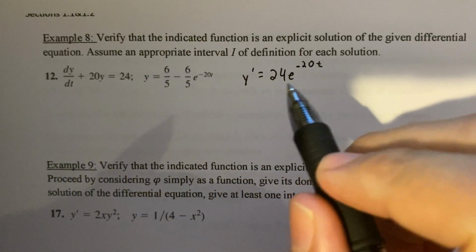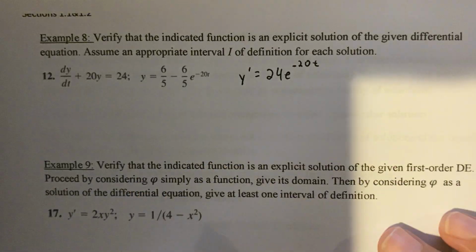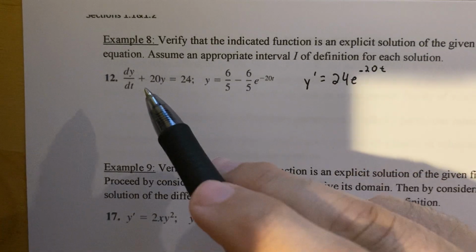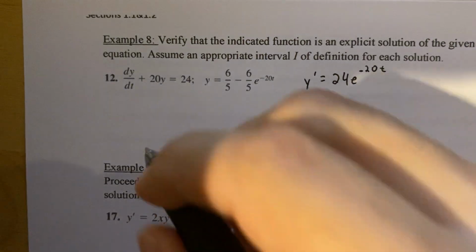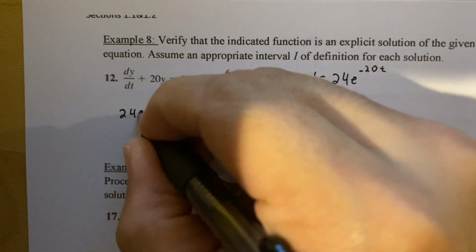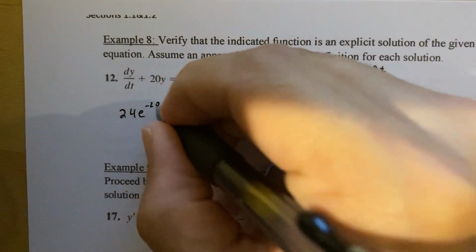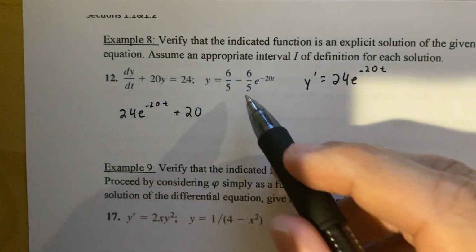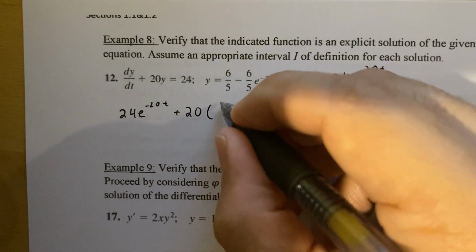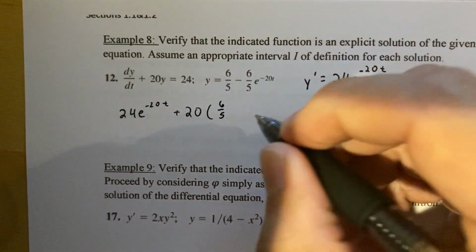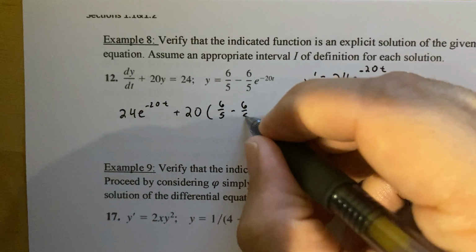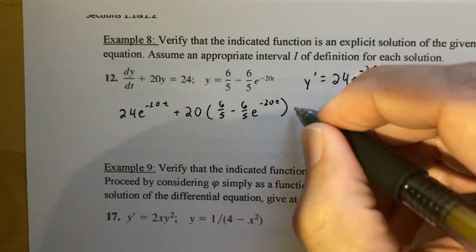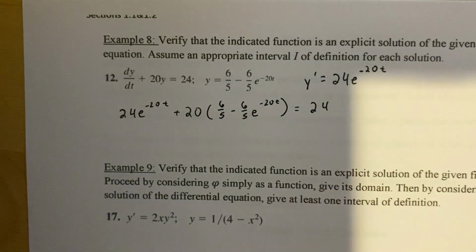So there's our derivative, and here's our differential equation. We're going to plug this into our differential equation and see if we actually have a solution. And so we plug in dy over dt, which is 24 e to the negative 20t, plus 20 times y. Y is 6 over 5 minus 6 over 5 e to the negative 20t, and that's supposed to equal 24.